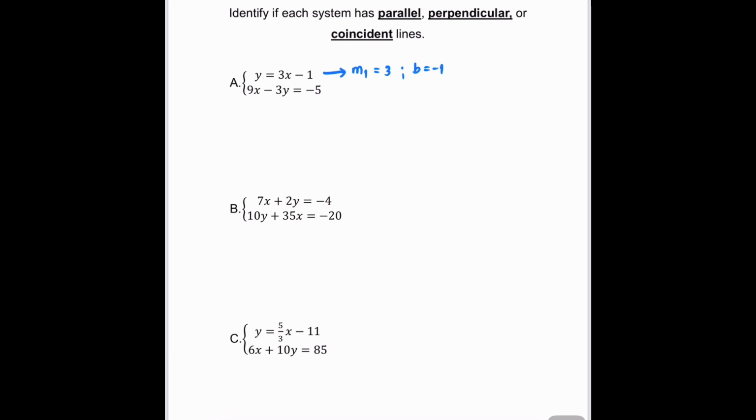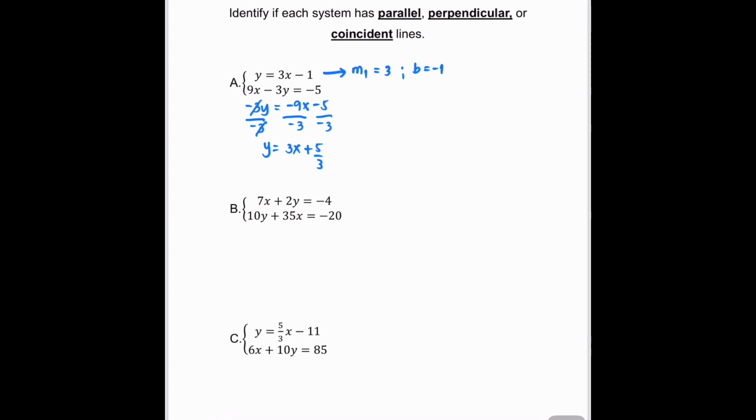However, for the second equation, let's rewrite that. We have negative 3y equals negative 9x minus 5. So divide every term by negative 3. Negative 3 divided by negative 3 is positive 1, or 1y, or y. Negative 9 divided by negative 3 is 3, so that's 3x, and negative divided by negative is positive 5 over 3.